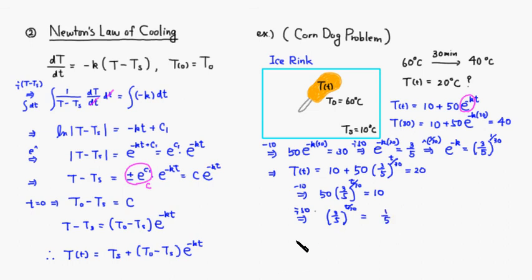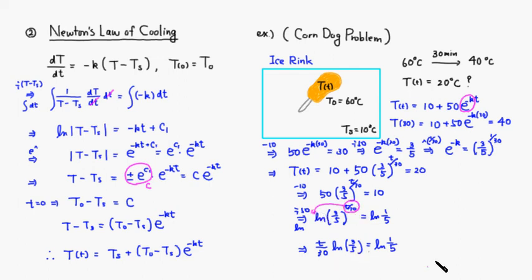Then I'm going to apply the natural log to both sides. This way we can put the t over 30 in front. You have t over 30 times the natural log of 3/5 is equal to the natural log of 1/5. I'm using the log property to bring this exponent right in front.